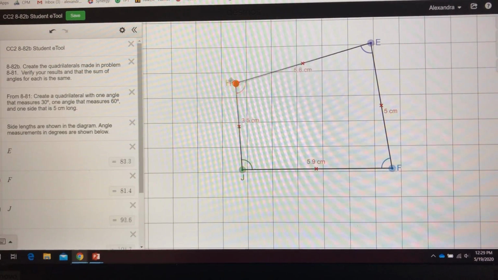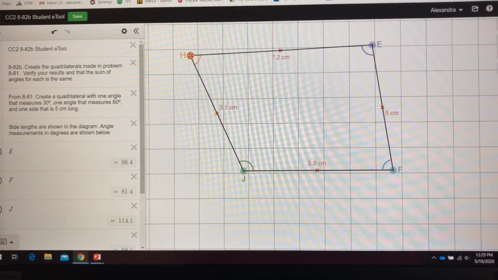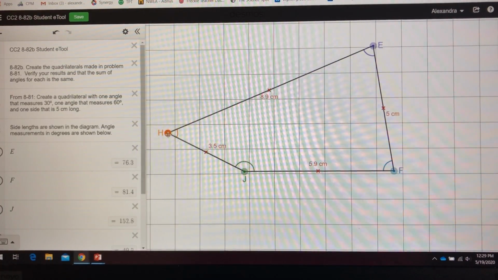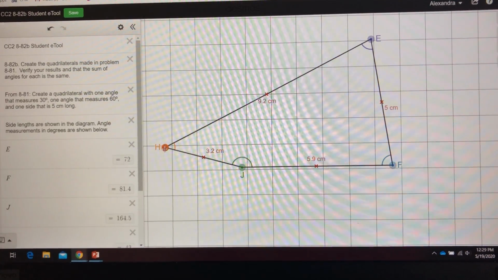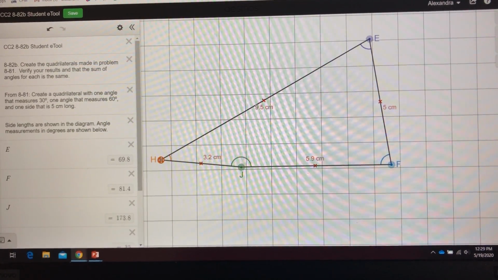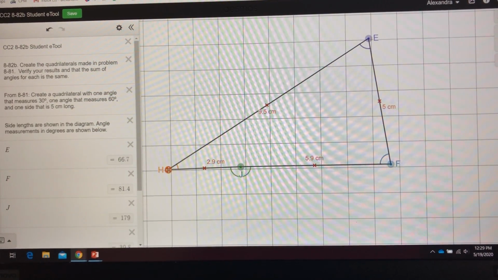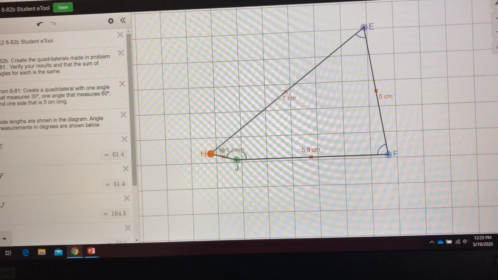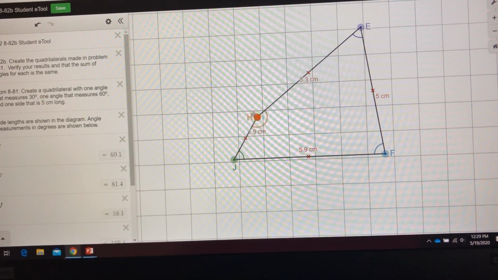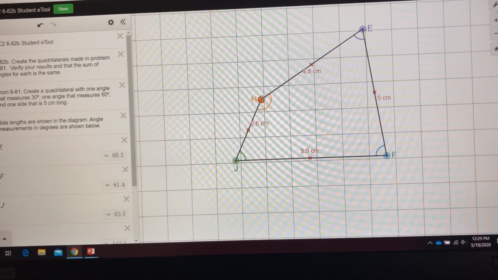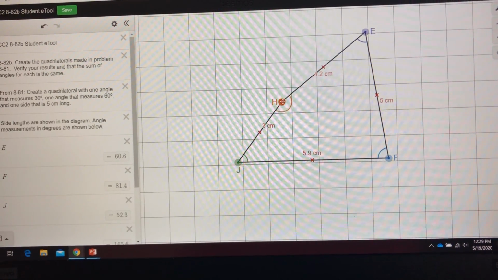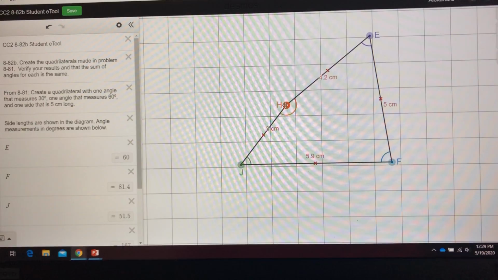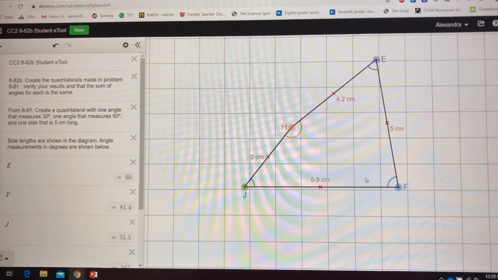I think I went out like this, because if you go out like that, it gets smaller. That one, so angle E is almost at 60. Whoa, this one's looking weird. I'm going to do this. Angle E is now about 60. There. Angle E is 60.